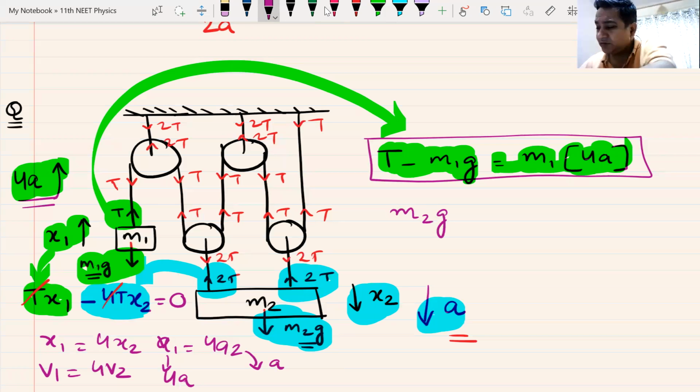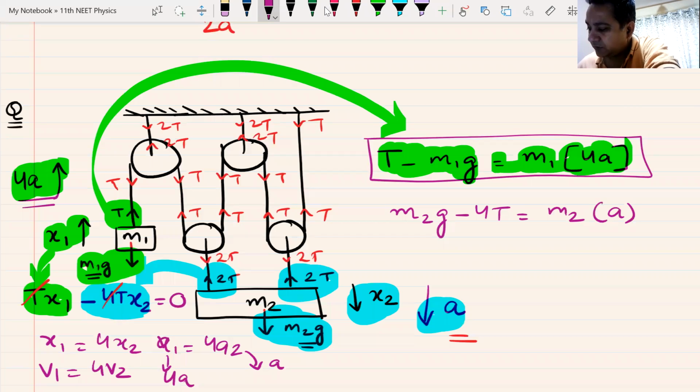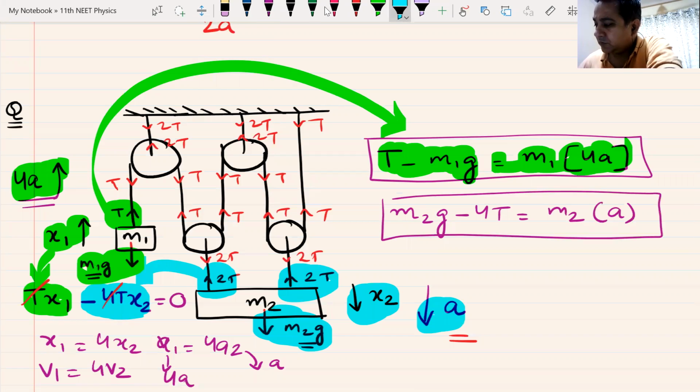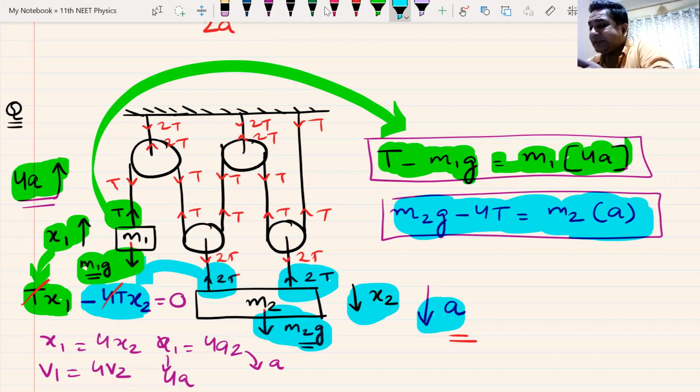M2G downwards minus 4T upwards is equal to M2 multiplied by A. That is the equation for this block.